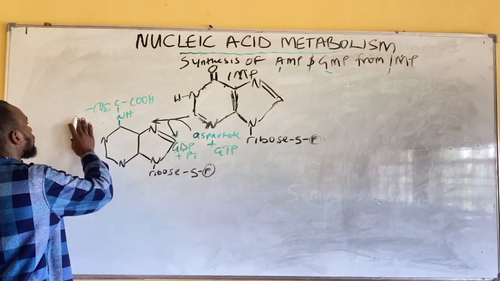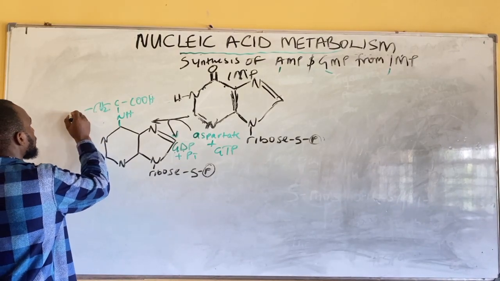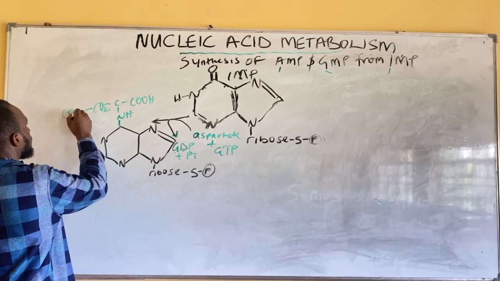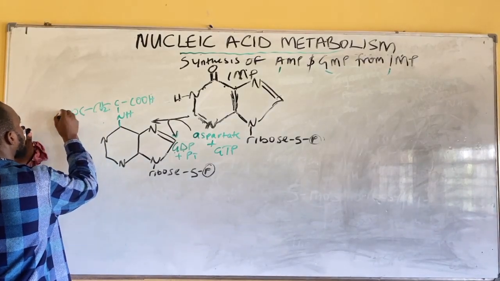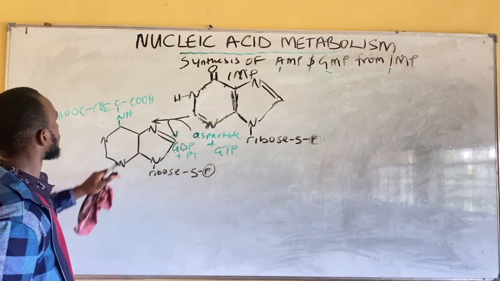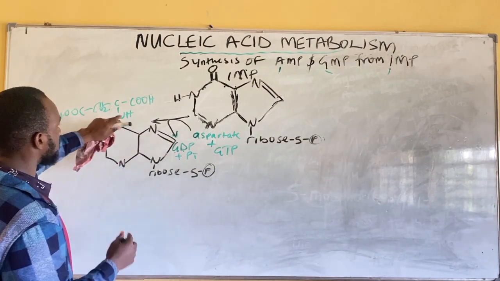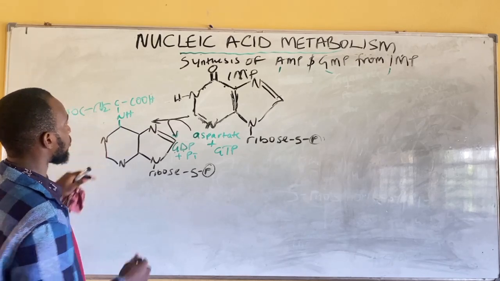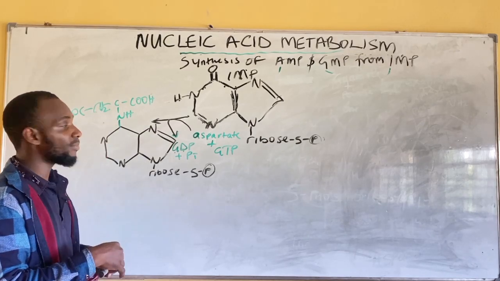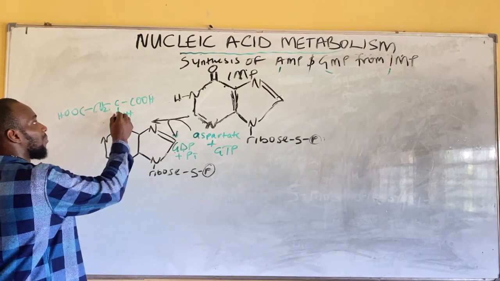The one in green is aspartate. Aspartate coming in is just to donate this amino group here.